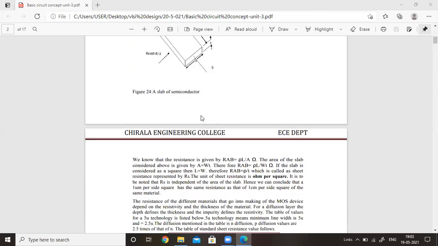So the resistance R suffix AB is equal to rho L by A, where the unit is ohm. Just remember the area here is T into W. For this slab, the area is equal to T into W.